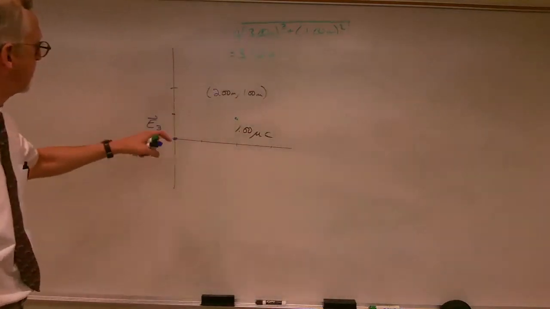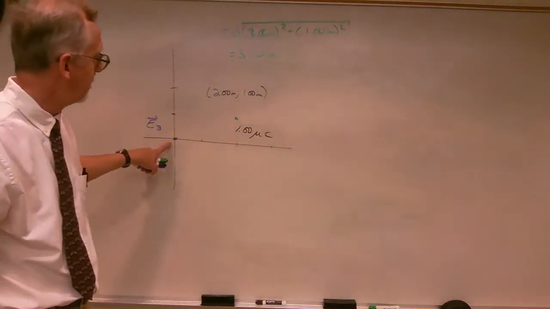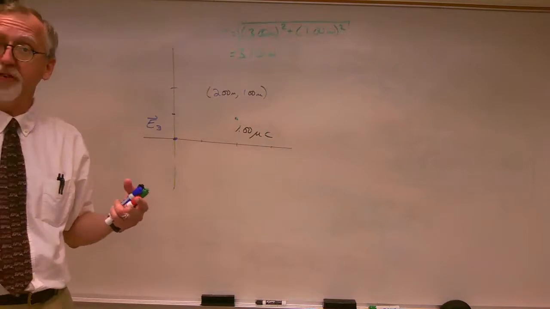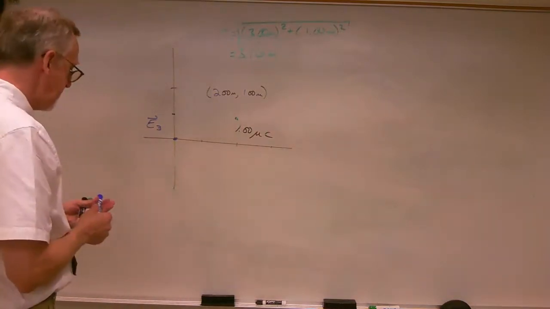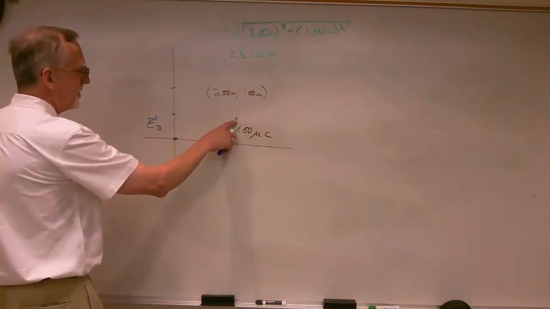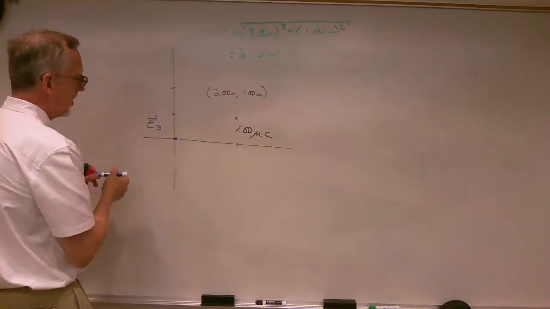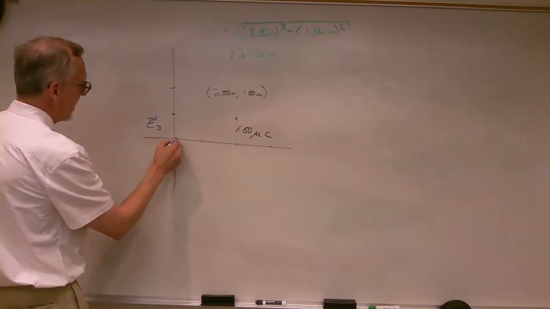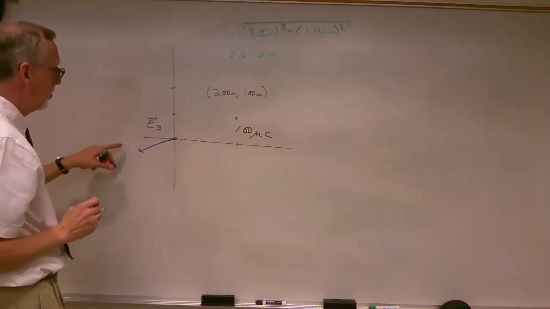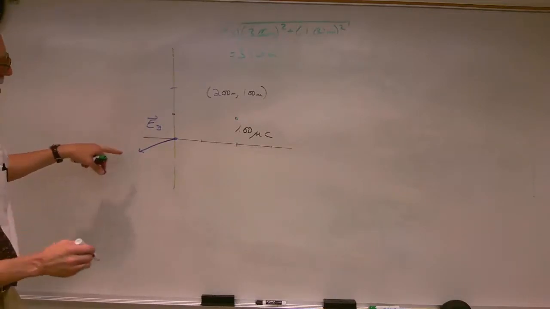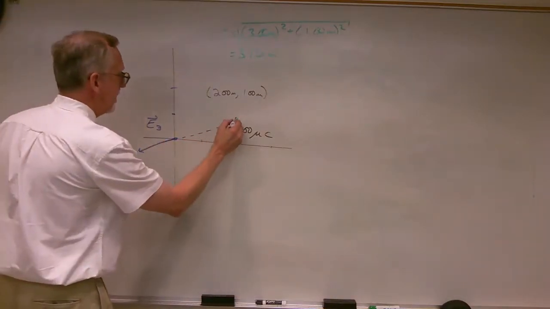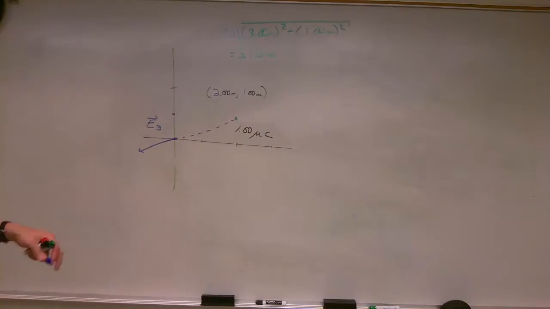All right, so what's the electric field right here? Again, remember, the electric field always points away from positive charges. Away from the positive charge here is going to be in a direction that looks like that. So E3 is going to look something like that, coming from a straight line from that point there.